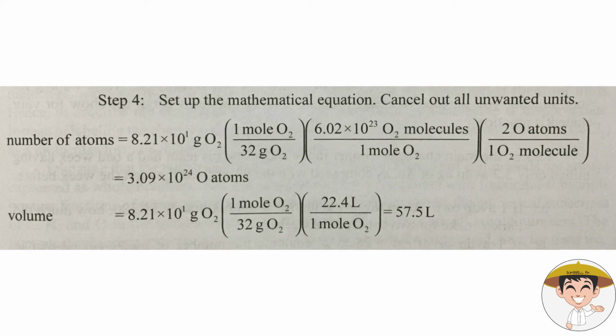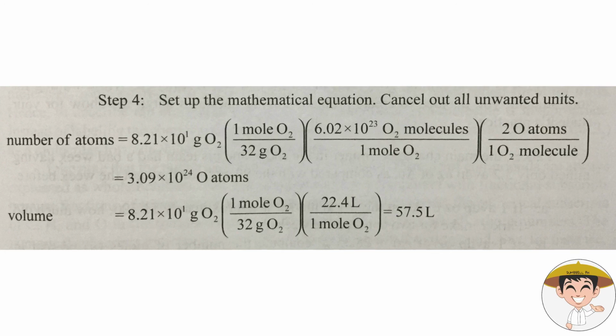And then use another conversion factor between atoms and molecules so that we can cancel molecules. So we come up with the answer of 3.09 times 10 raised to 24 oxygen atoms, because atoms is what is being asked. Now, let's go to the volume.